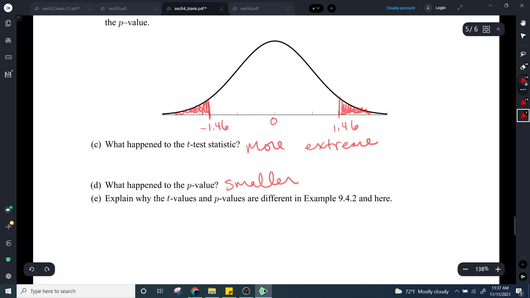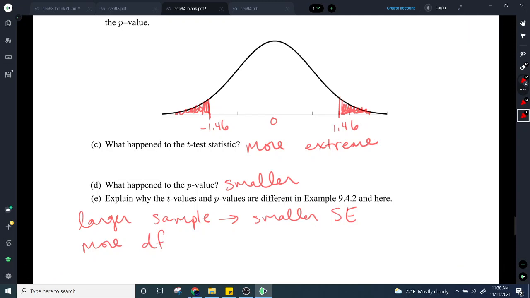Explain why the t-values and the p-values are different from the example that we did previously. So because we had a larger sample, that meant we had a couple of things. That meant we had a smaller standard error. That also meant we had more degrees of freedom.